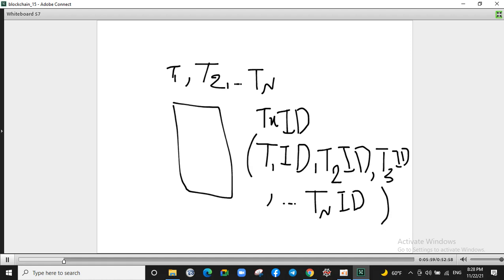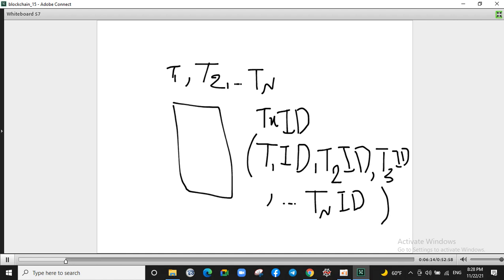All this information together will be hashed, and this hash represents the block address.